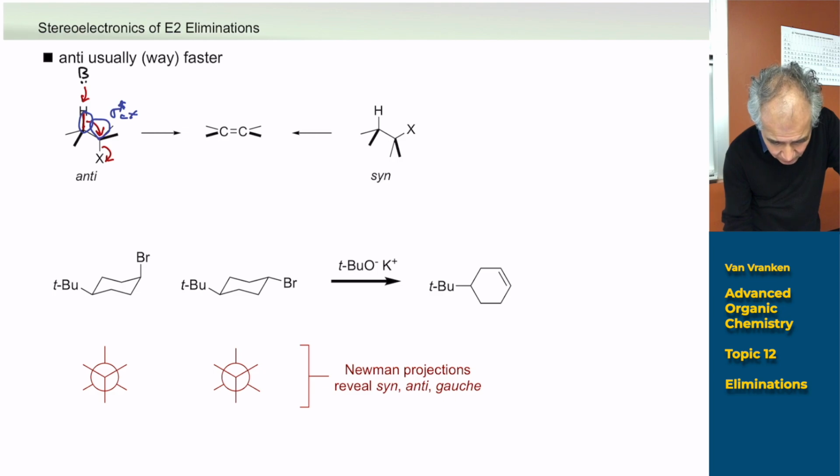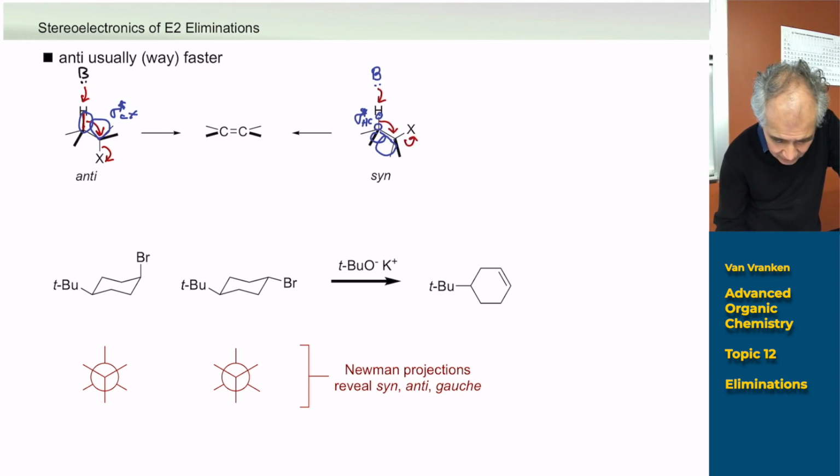Now, it is true that if I draw the antibonding orbital over here for this CX bond in this arrangement, there is a little bit of overlap, a little bit of electron density for sigma star HC, when the HC bond is exactly syn to the CX bond.